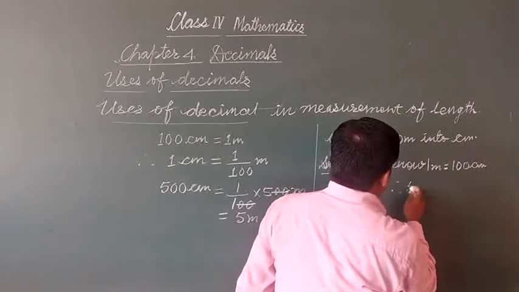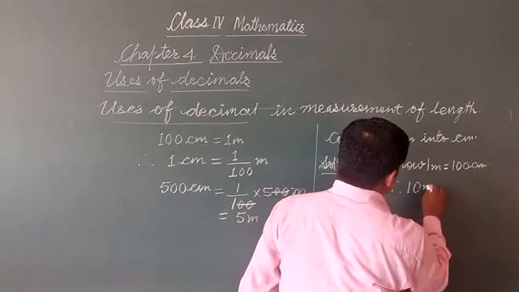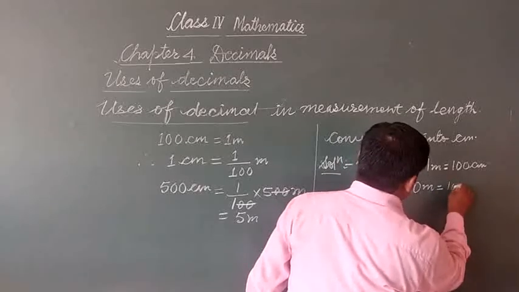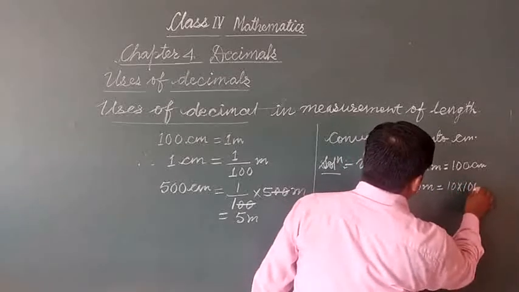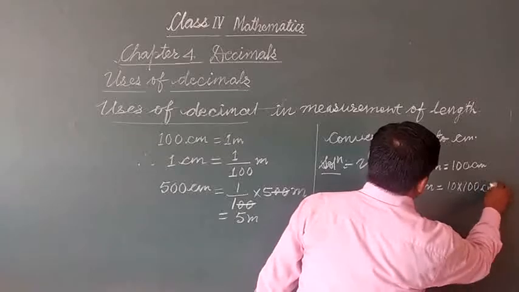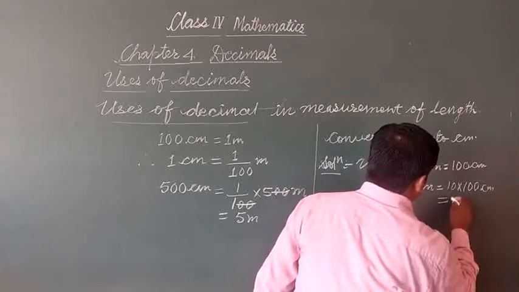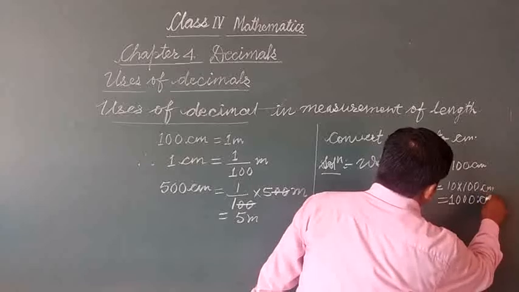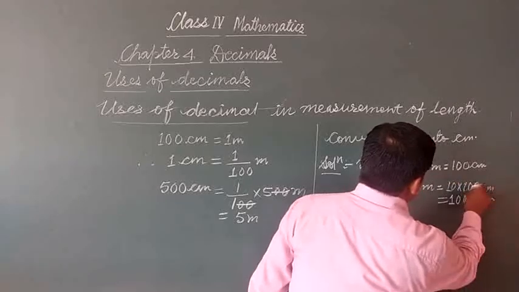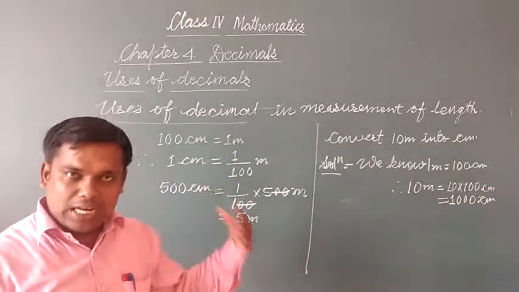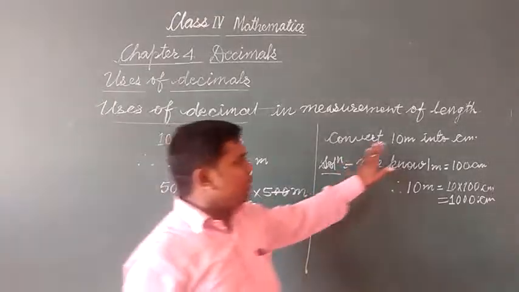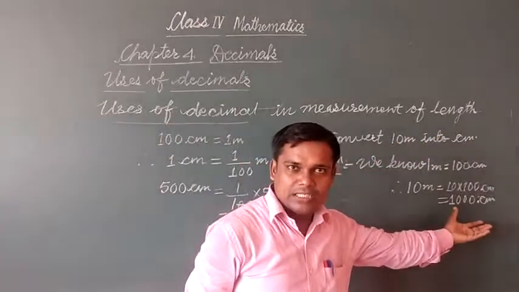Therefore, 10 meters is equal to 10 into 100 centimeters, which is equal to 1000 centimeters. So in this way you can convert from centimeter to meter and meter to centimeter.